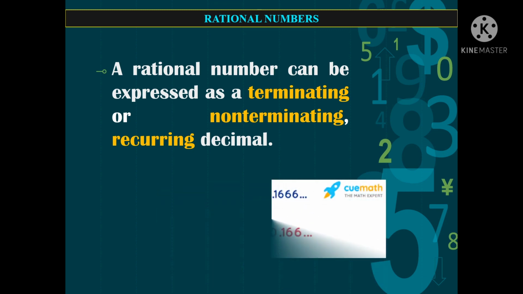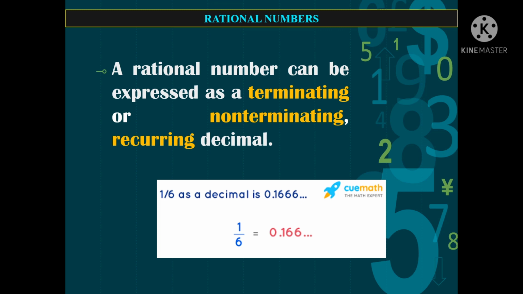Another example is 1/6. As a decimal, 1/6 is equal to 0.16666 and so on. This is an example of a non-terminating recurring decimal because it doesn't have an end digit. 0.1666 goes on infinitely, or endlessly.